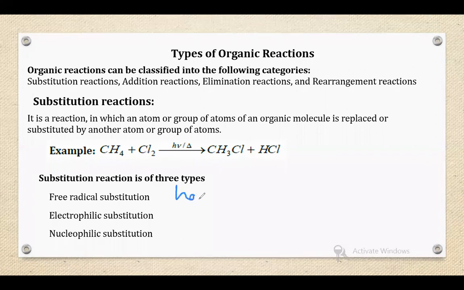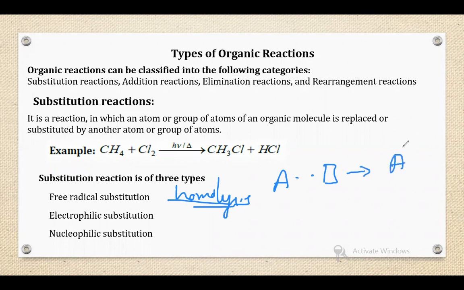Homolytic cleavage, homolysis, forms the free radical, meaning equal. What we studied earlier, A and B: AB dissociates equally to form A dot with a fishhook and B dot with a fishhook. A dot plus B dot, these are free radicals.